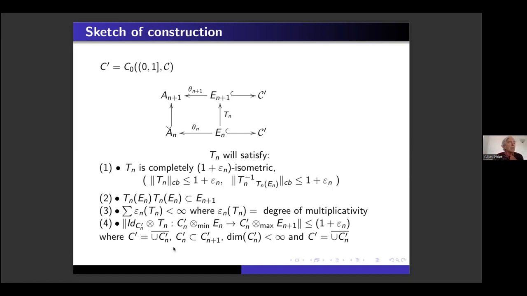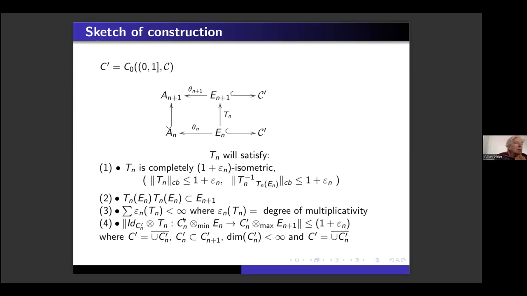And property number 4 is the thing which is analogous to the Banach space situation. If you remember the lecture yesterday, property number 4 is that the map Tn, which passes from En to En plus 1, improves from the minimal tensor product to the maximal tensor product, essentially just with the loss of epsilon n.